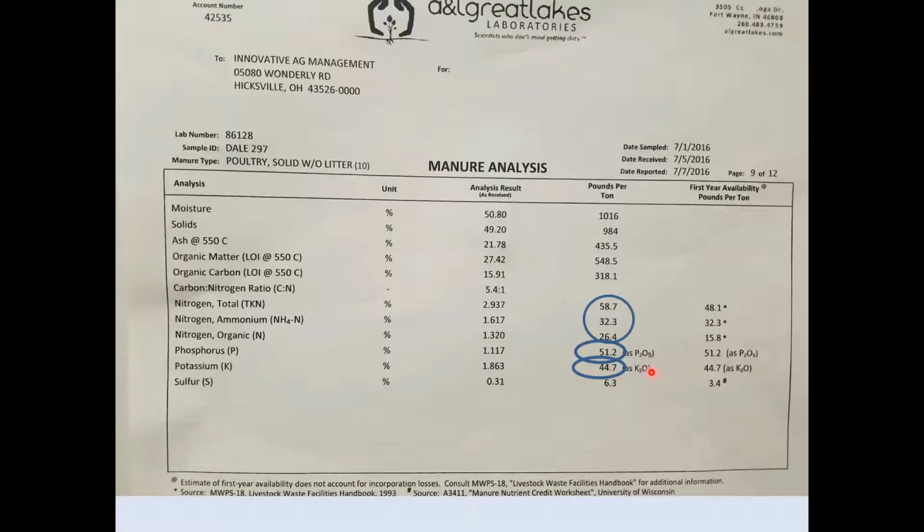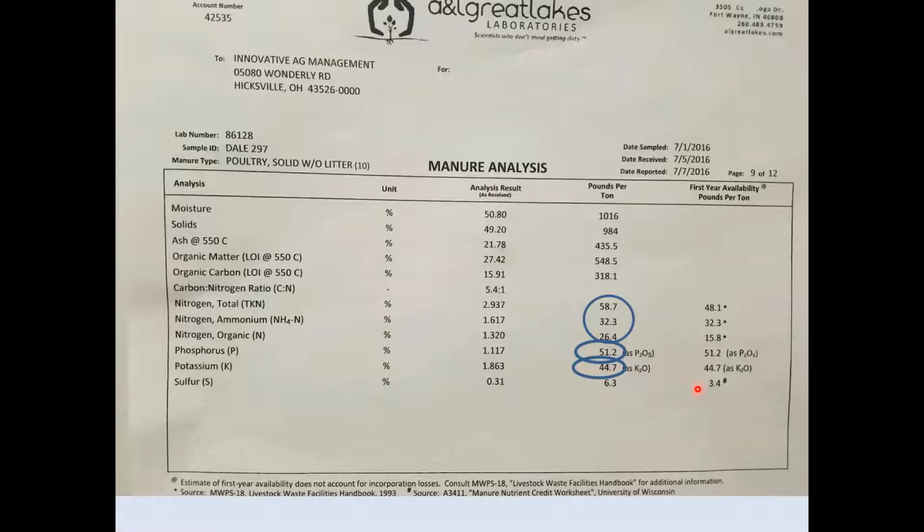So you want to look at your manure samples the same way. Again, completely available that first season, just as they are listed on here. And sulfur is important, primarily because most of our soils run a sulfur deficiency year in and year out. So that's a helpful thing to have.